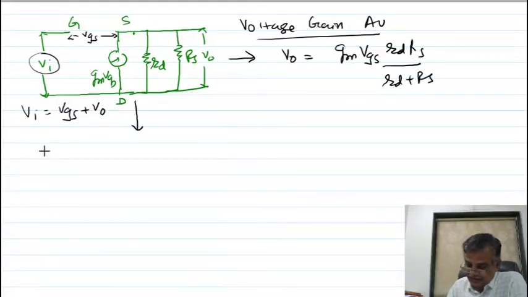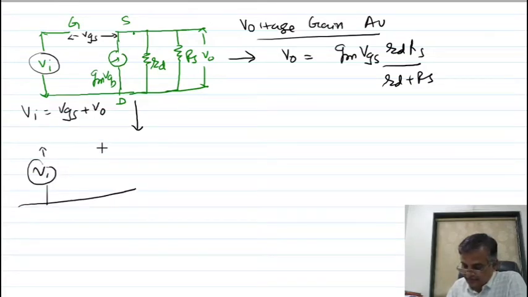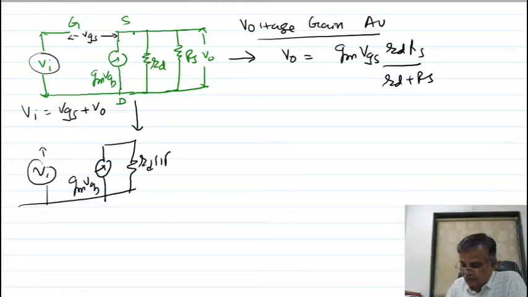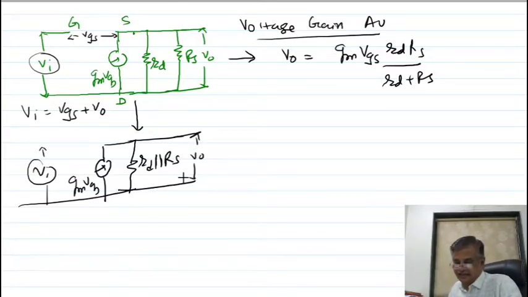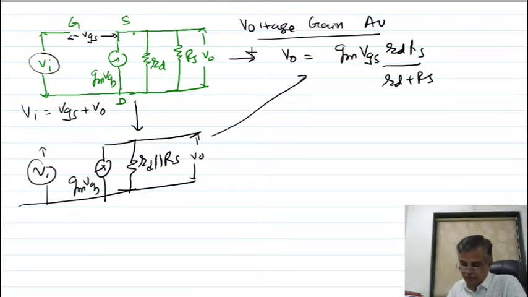If you don't understand, I can draw it again. This is your current source, and this is a parallel combination of these two. So from this you can write this, or directly you can write. They are all the same.